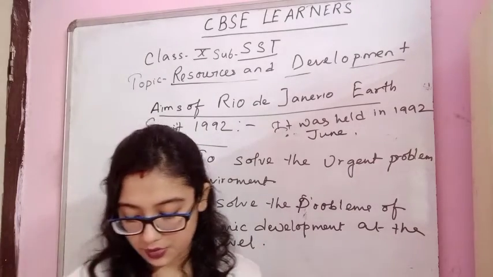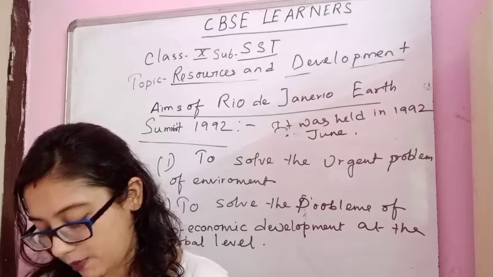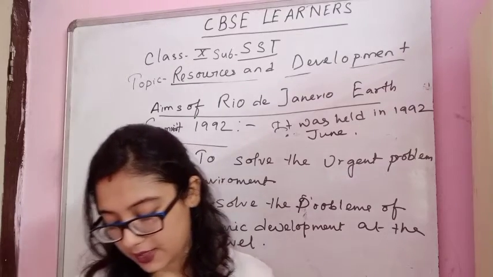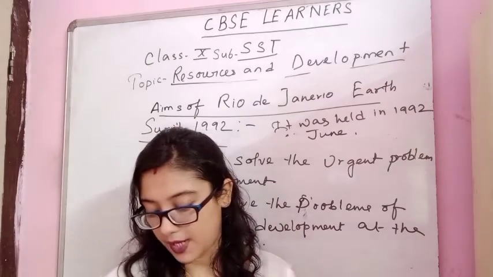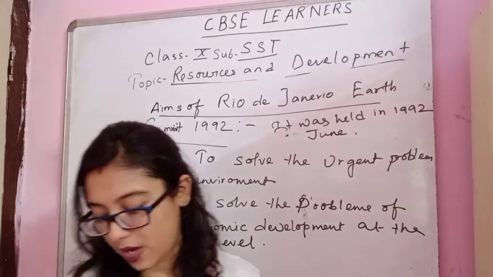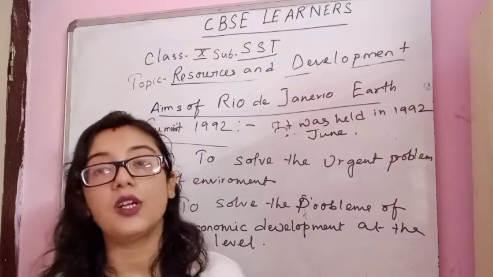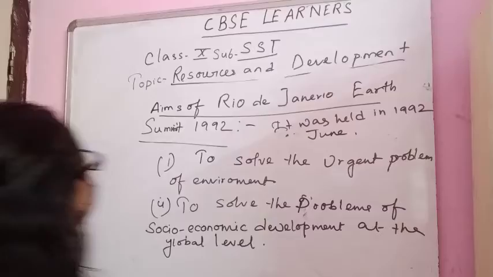Now let's read. It is the declaration signed by world leaders in 1992 at the United Nations Conference on Environment and Development, UNCED. Now, what is the full form of UNCED?